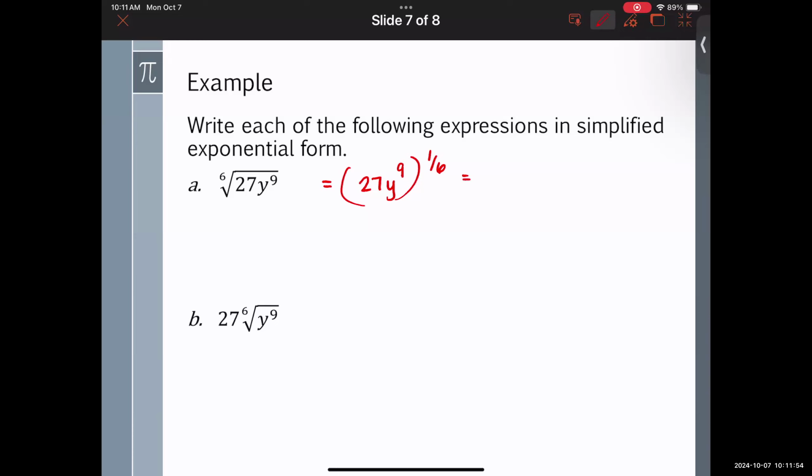And by definition of exponents, if we raise a product to a power, we can raise each factor to that power. And then we might be able to simplify.